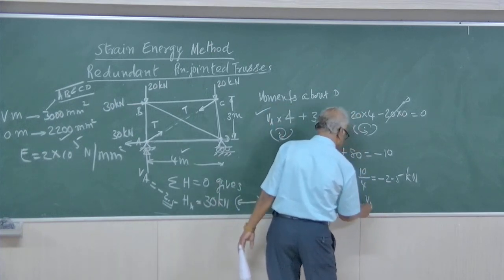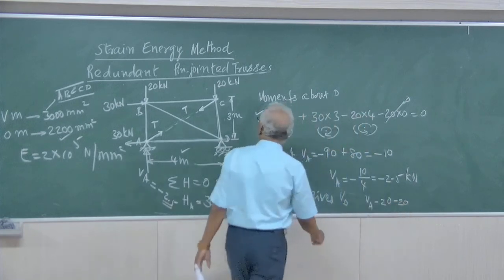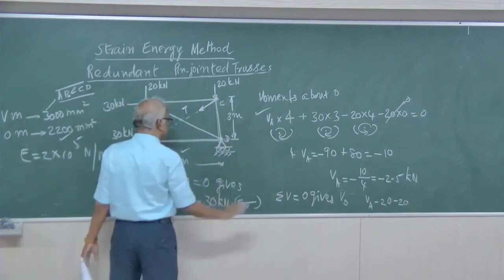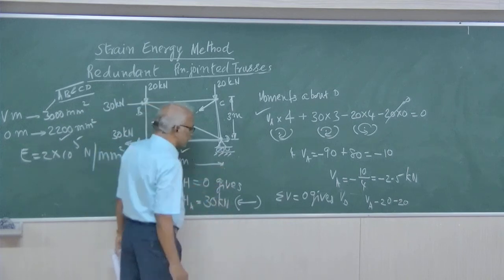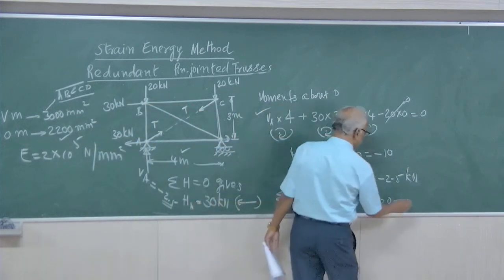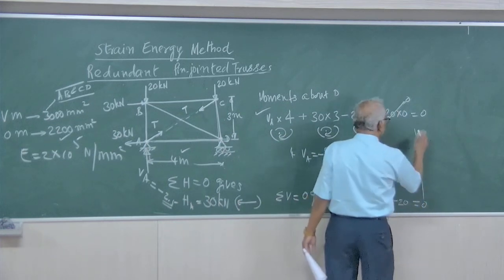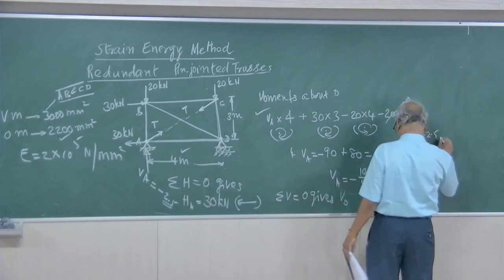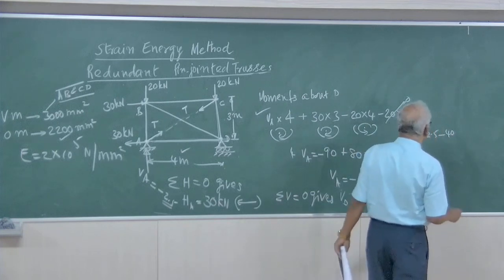VA is marked in the upward direction, minus 20, because this is upwards, 20 is down, and along with this, when VD is added, the algebraic sum must be equal to 0. Or VA is minus 2.5, minus 40, equal to 0.